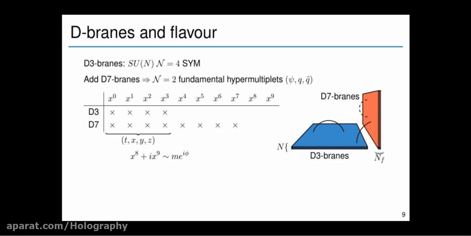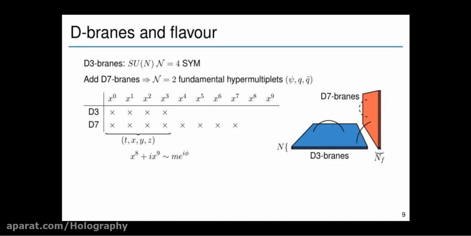And so it's the psi in these hypermultiplets that we're going to think of as the electrons in the Weyl semimetal. So the masses of the electrons are determined by the separation between the D3 and D7 branes. And you can see there's a complex phase as well, which if it's constant isn't too important. You can essentially just remove it by a field redefinition, or on the gravity side by a rotation.